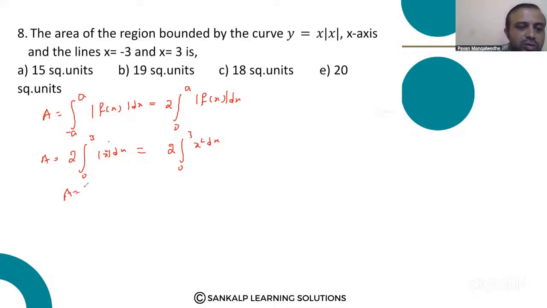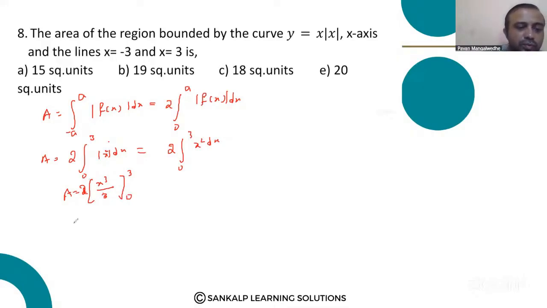A is equal to 2 into the integration of x square, which is x cube by 3, from 0 to 3.